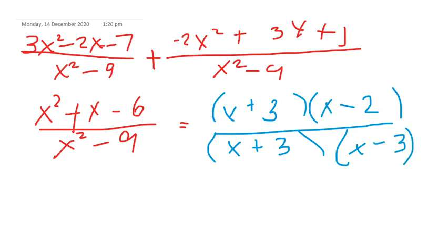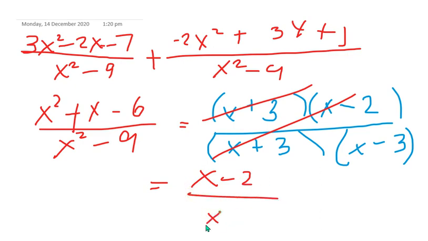So, therefore, x plus 3 divided by x plus 3 is equal to 1. So, we have now x minus 2 over x minus 3. Okay? Sana naintindihan po ang lesson ni ma'am. Okay? That is adding with the same denominator.